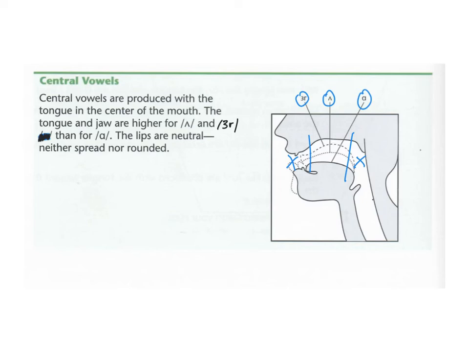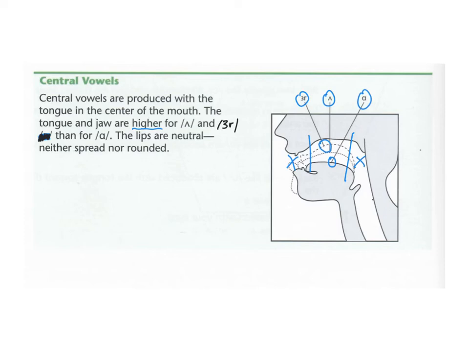The tongue and the jaw are higher for the first two sounds. Your tongue and jaw are high. Notice right here, they're pretty high up in the mouth. Then, for the ah sound, you make it lower. Your tongue goes down.